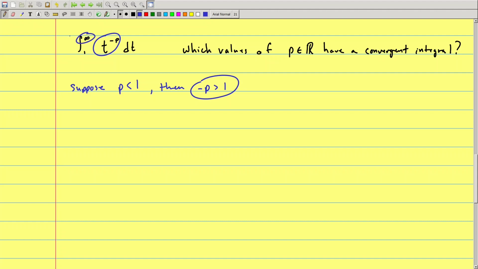Doesn't that become a problem? The function's not decreasing, right? The function's increasing. And if I take the integral of an increasing function over an unbounded interval, there's no way that that thing's finite, right? So these values definitely get thrown out. Okay, so at minimum, we're going to need p to be greater than 1, or greater than or equal to 1, right?